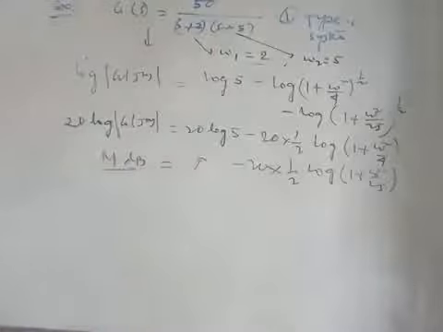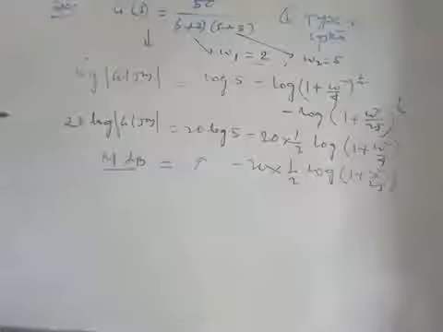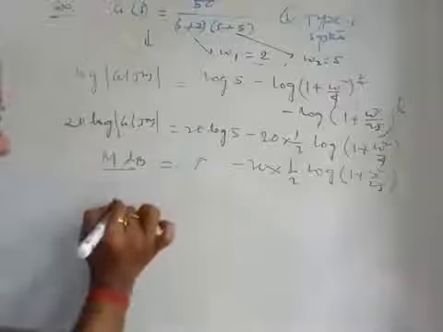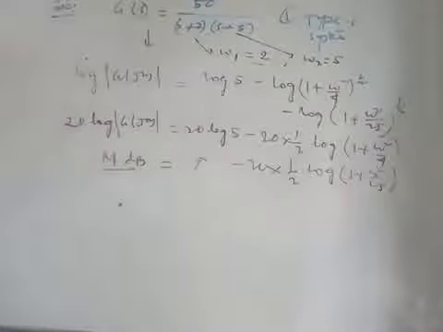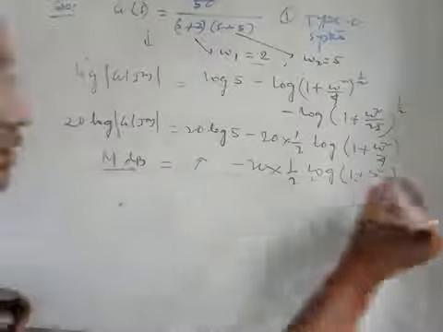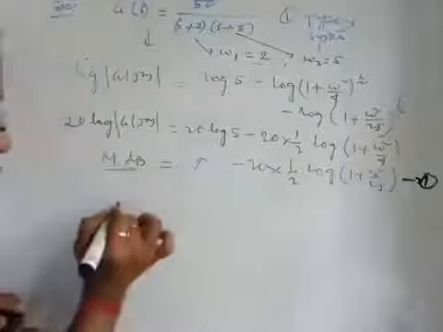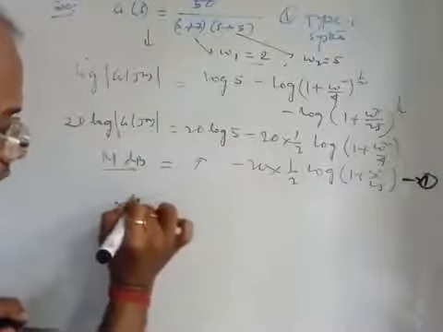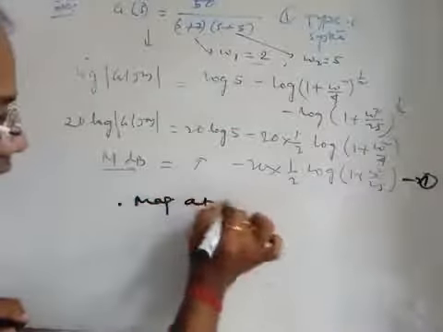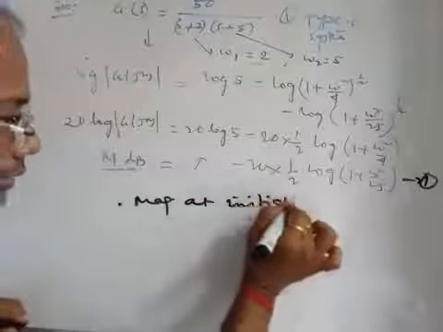Now for drawing the Bode plot, the initial magnitude has to be considered. The next part is to get the magnitude at the initial frequency. So this is your general part, say for example, this is equation number 1. Now we have to get the magnitude at the initial frequency.